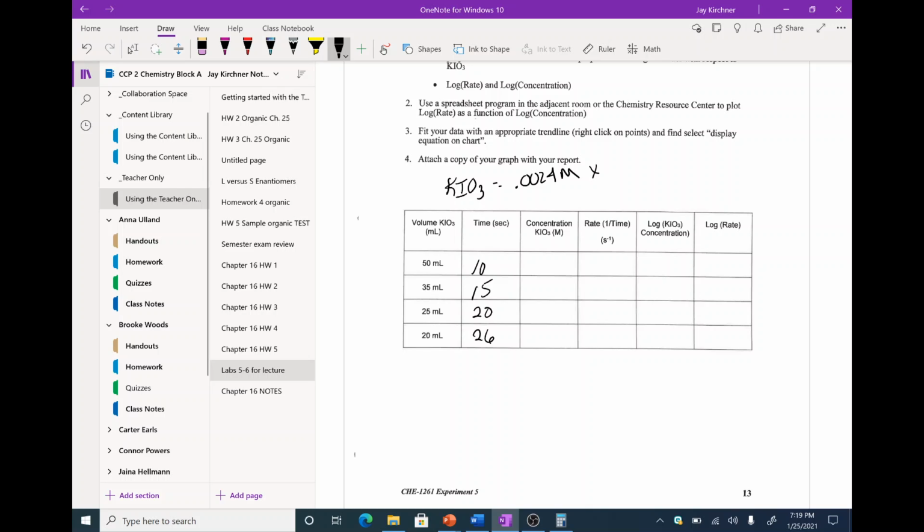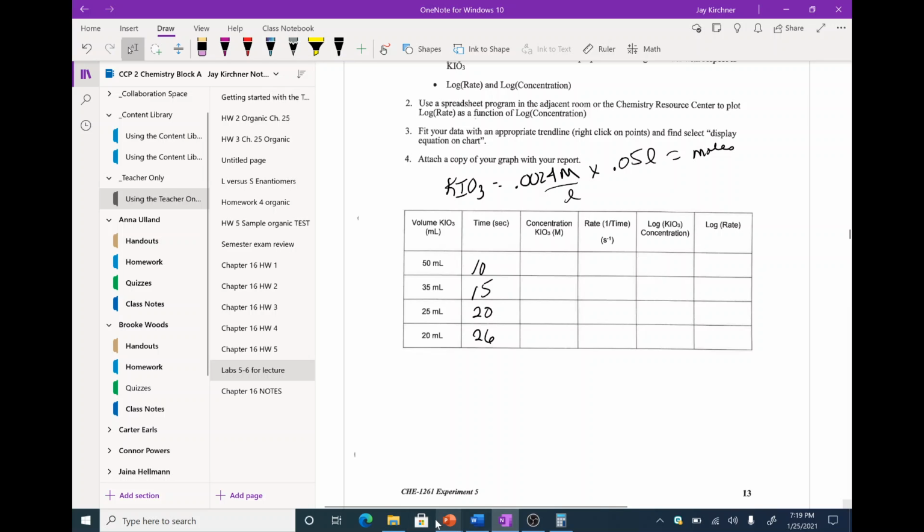So if we multiply that by how many liters we put in, which is 0.05, we can get how many moles we had. So this is moles per liter. We can get moles out of that. So let's do that. And let's figure out our moles for all of these. So we'd multiply 0.0024 times 0.05. Then we'll put 0.0024 times 0.035. Then times 0.025 and then 0.02.